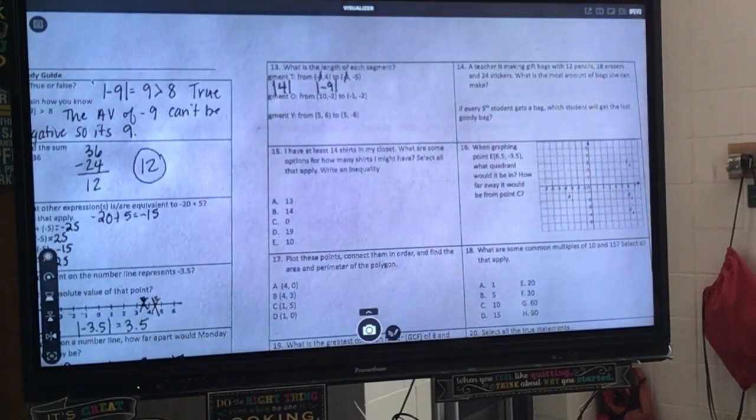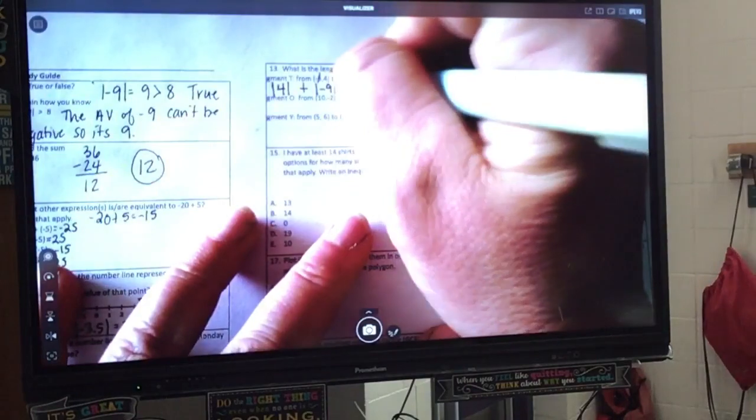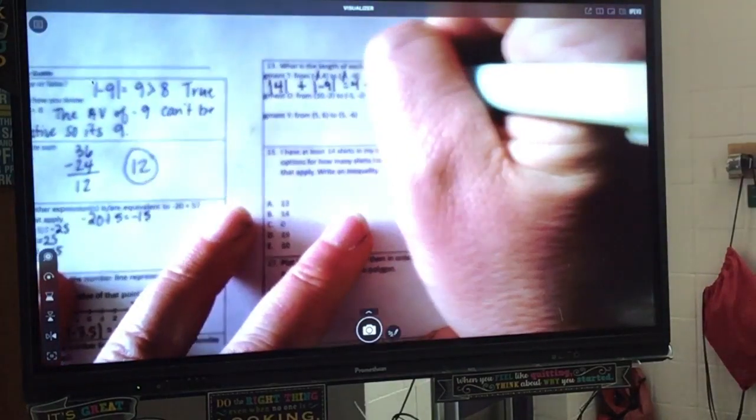If they're different, well, what do we do? William? Oh, addition. Yes. So we are going to be adding these two. So this becomes 4 plus 9 equals 13 units.